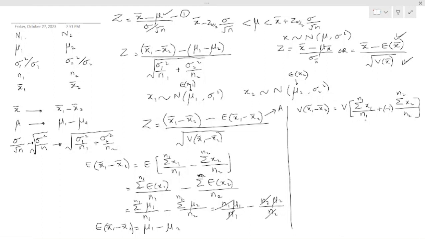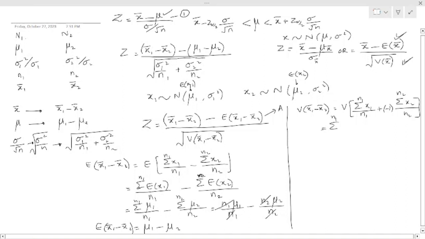So there are three constants involved inside this bracket: n1, minus 1, and n2. When we apply this variance operator on these three factors, they all change to squares. This variance operator will only be applied on the variable. So n1 variance of x1 divided by n1 square.